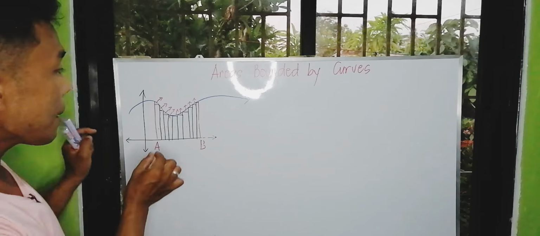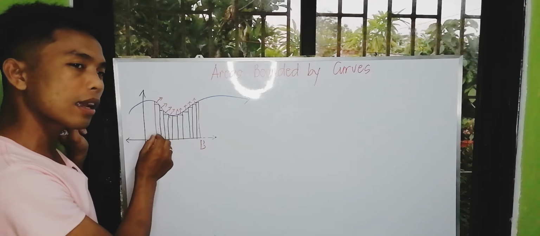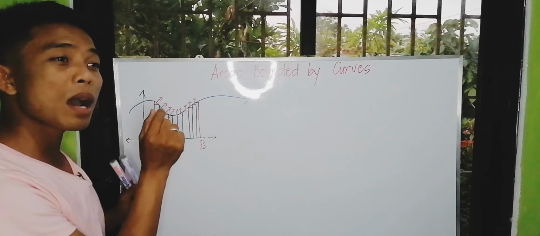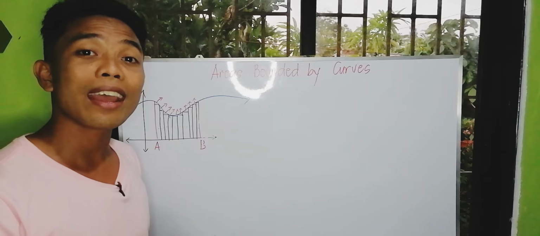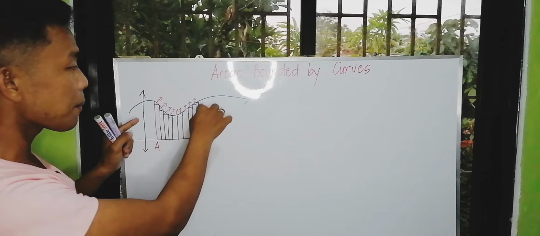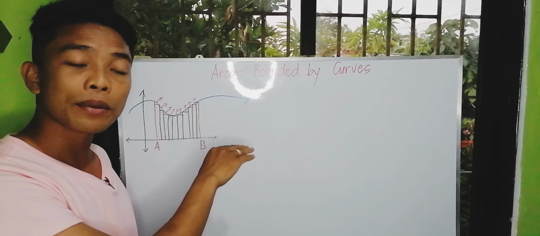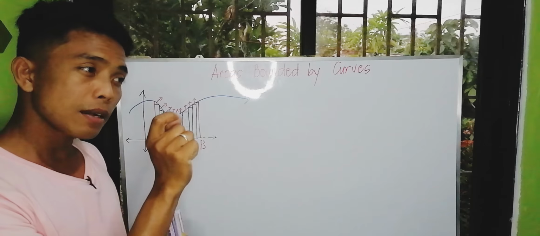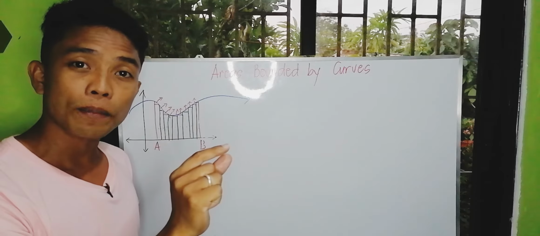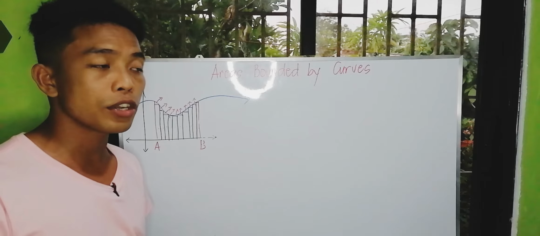So, ibig sabihin, habang mas nililiitan natin yung width ng rectangle, yung kapal ng rectangle na ginagawa mo, mas maa-approximate natin yung area ng buong region na ito, yung nasa loob, na na-enclose ng curve at etong A and B at saka yung line sa ilalim. Okay? Meaning to say, kapag mas malapit sa zero, hindi naman exactly zero kasi hindi na siya magiging isang plane figure.